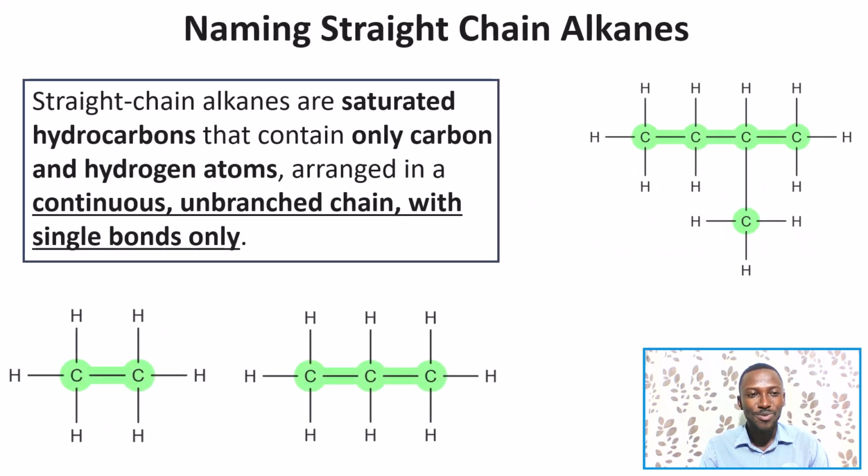So what do they have for us for naming our alkanes, specifically the straight chain alkanes? But before we proceed to naming the straight chain alkanes, we first want to understand what they are.